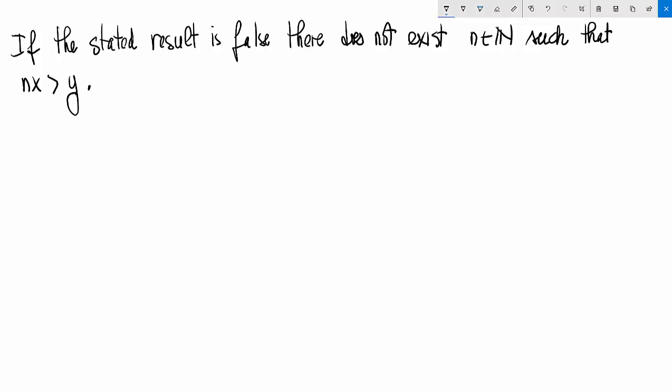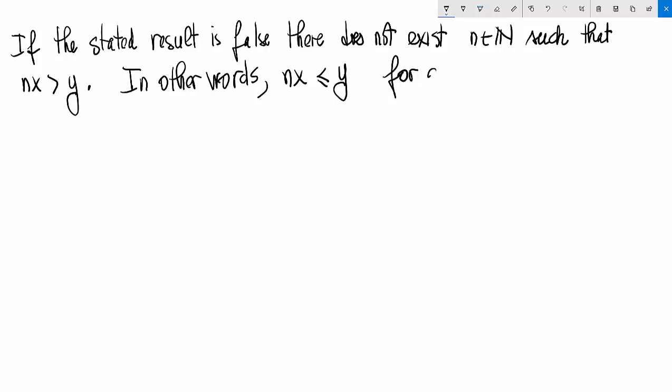Right? And so if the result is false, then you cannot find a natural number such that nx is bigger than y. So, to rephrase this, nx is less than or equal to y for all natural numbers n.